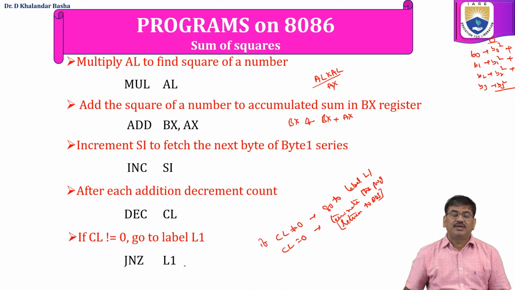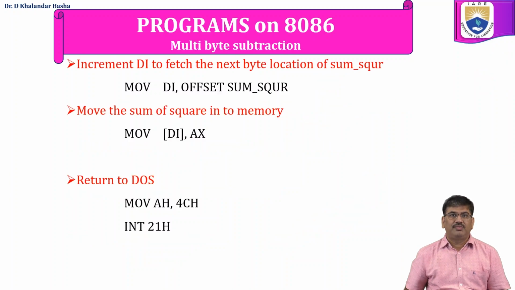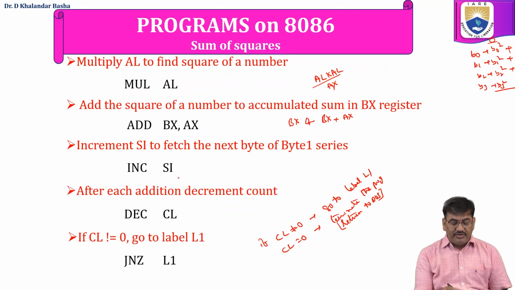It will execute the subsequent instructions which terminate the program by loading the sum into the result variable. For fetching the address of the sum of squares into the DX register, we use the instruction MOV DX, offset of sum of squares. This instruction fetches the offset value of the sum of squares into DX.